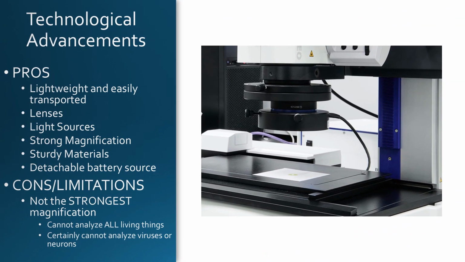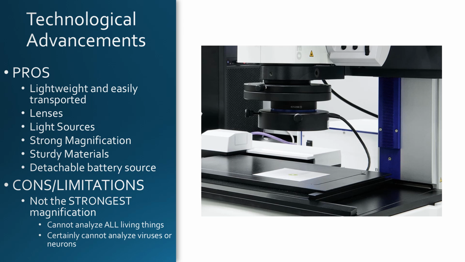What are some technological advancements of microscopes? Well, for one, they are lightweight and easily transported, which is a huge difference from 300 plus years ago, where microscopes were divided in two or more separate pieces that had to be carefully transported, carefully handled in order to prevent it from breaking.